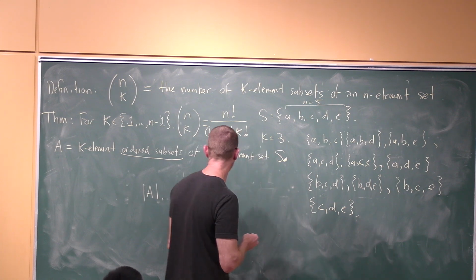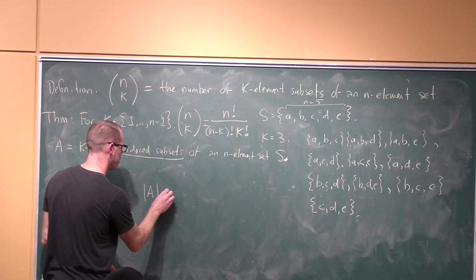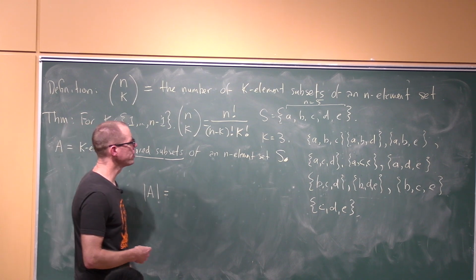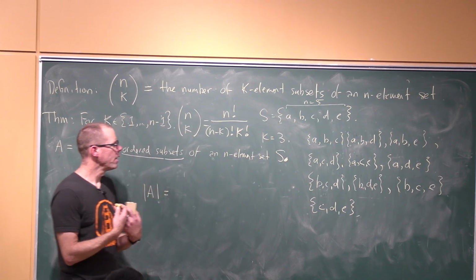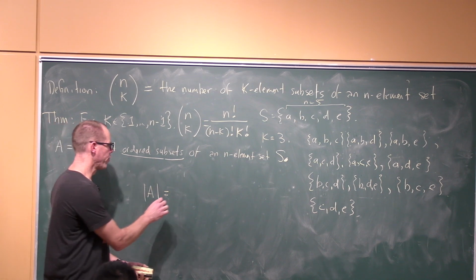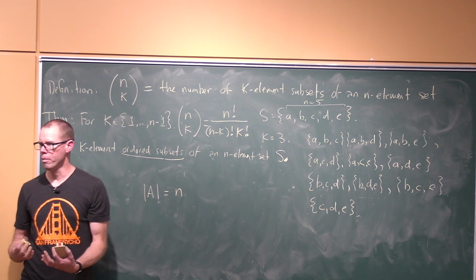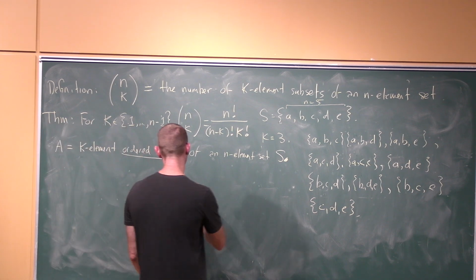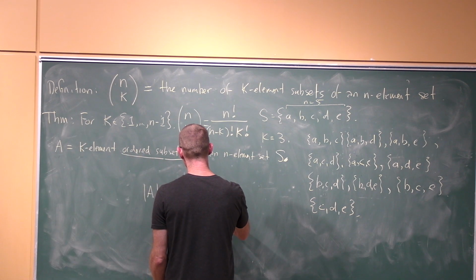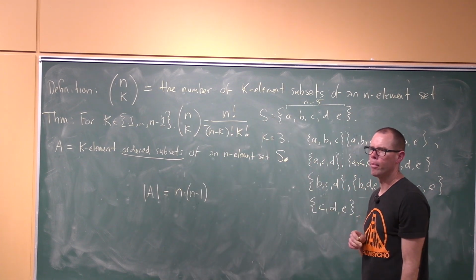So by the product rule, here's a way to make these ordered subsets of size k: first I pick the first element and I have n ways to choose that element. Next I pick the second element, but I can't choose the first one again.